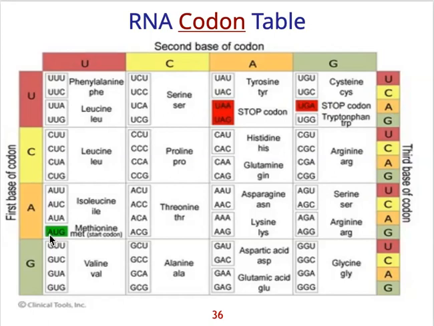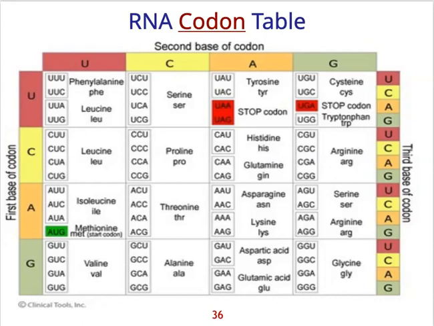So when you read from the 5' to 3' direction and you see the sequence AUG, you know that's going to be the starting point. This sequence encodes for the amino acid called methionine. And so AUG is also called the start codon. There are 3 stop codons: UAA, UAG, UGA.